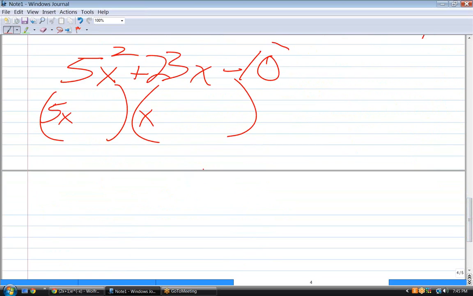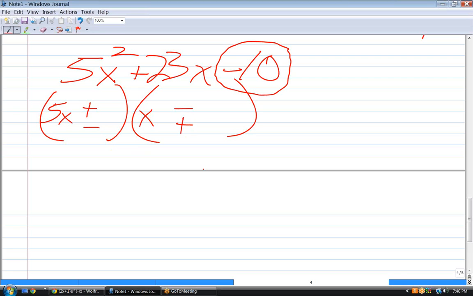We cannot get a minus 10 unless they're opposite signs. Notice that this third term of this quadratic is always produced by multiplying whatever is there times whatever is there, including their signs. So I know my signs have to be opposite. It has to be either plus minus or minus plus.